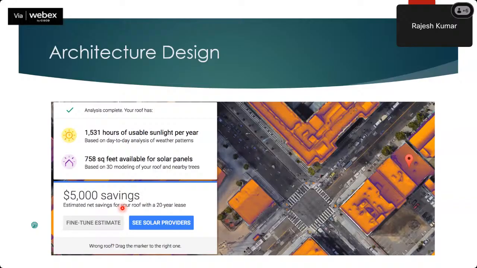Architecture design is full of it. You can see here one of the case studies, where the image of the structure or the city plan, the building plan, is passed to the model, and the model estimates the appropriate positioning of solar panels, so that we can say how much energy we get and all those things.